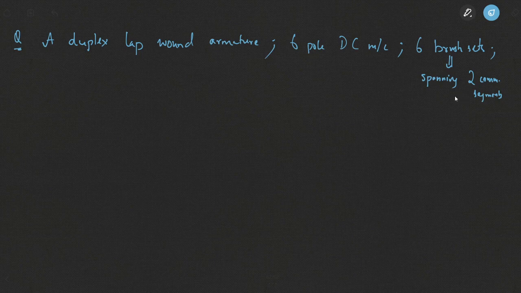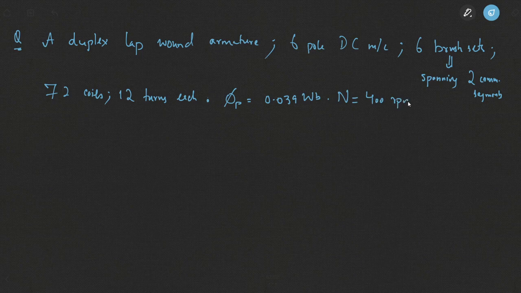There are 72 coils on the armature, each containing 12 turns. The flux per pole in the machine is 0.039 Webers, and the machine spins at 400 RPM.